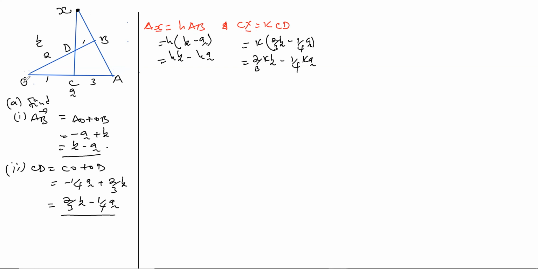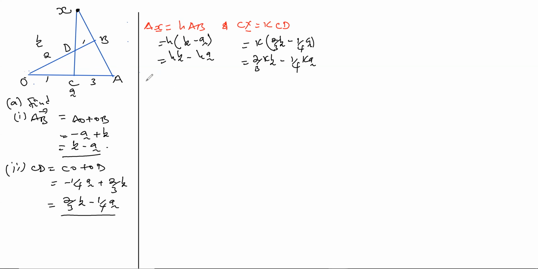So they may say write OX in 2 ways, or write CX in 2 ways, or write AX in 2 ways. If they say write CX in 2 ways or AX in 2 ways, one of them should be direct. But if it's OX, you start afresh. And when someone says write something in 2 ways, it means use 2 different lines to get to that point.